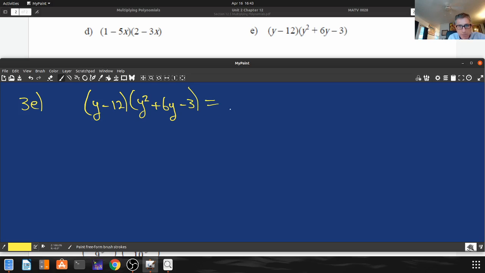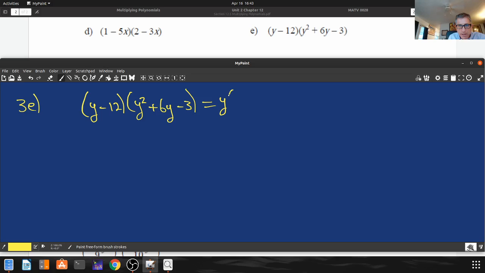I'm going to take my y term and multiply it by y squared plus 6y minus 3. Then I'm going to take my minus 12 and multiply it again by y squared plus 6y minus 3. And we're going to do the multiplication.